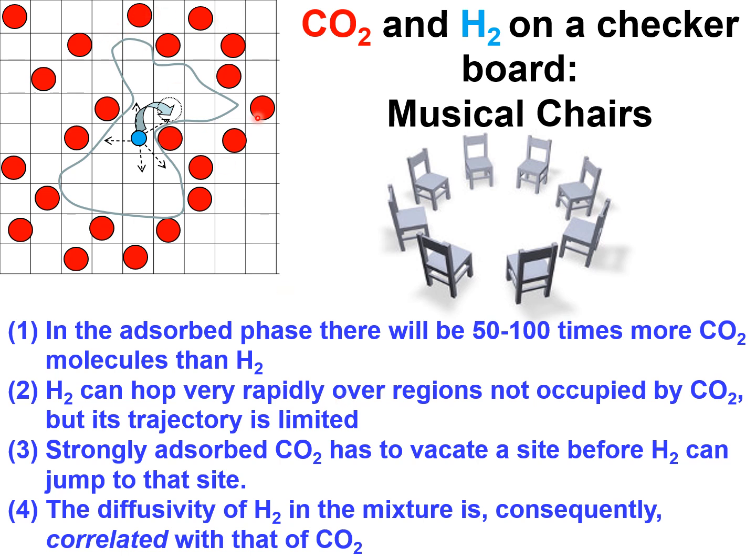The red circles are CO2 molecules that are strongly adsorbed, and therefore each of these red circles vacates or hops to another adjoining site at a frequency that is much lower than the frequency with which hydrogen, the smaller molecule, jumps from one site to an adjacent site and traverses the intersecting channels of MFI.